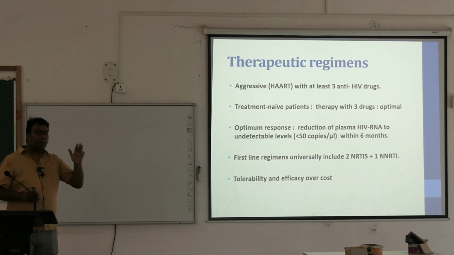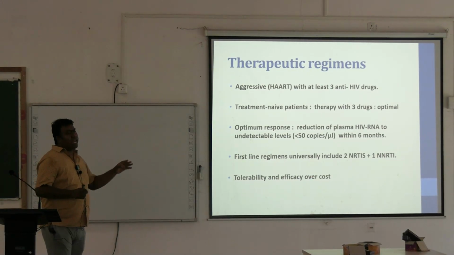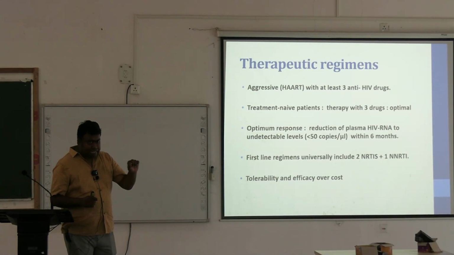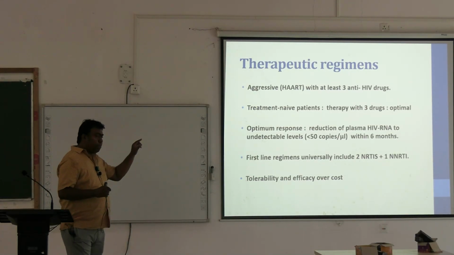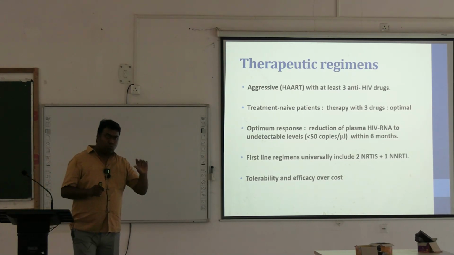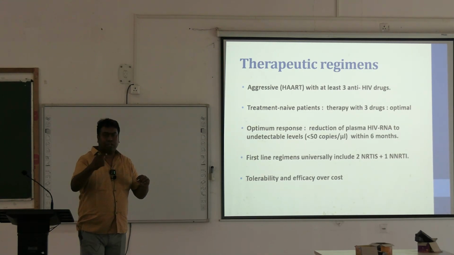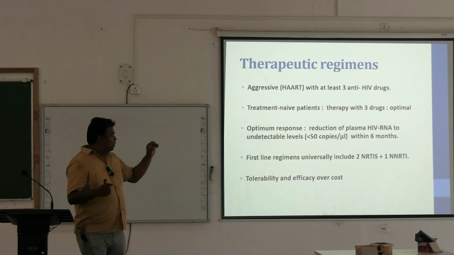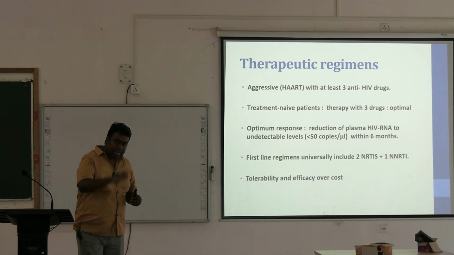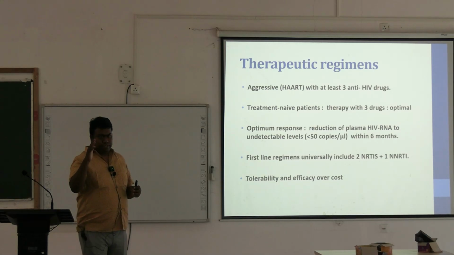And what is our target? Our target is to reduce HIV RNA to less than 50 copies per microliter, that is undetectable. There are two measures: one is viral RNA, one is CD4 count. The primary one is viral RNA, not CD4 count. If the viral RNA reduces, concurrently the CD4 count will increase.